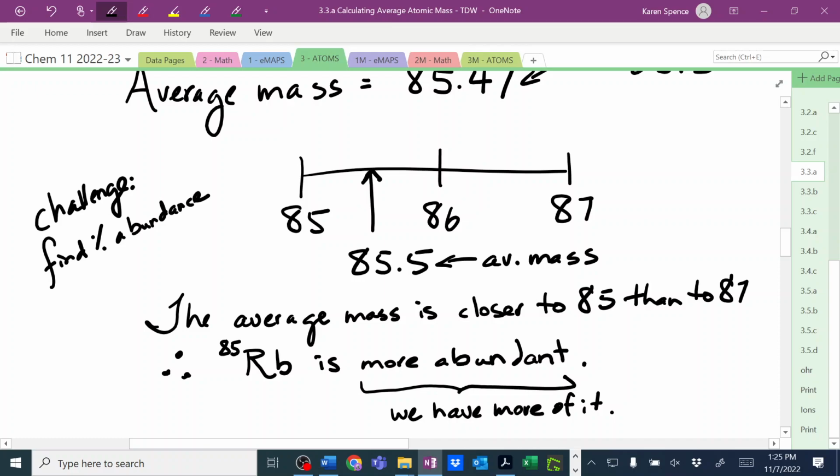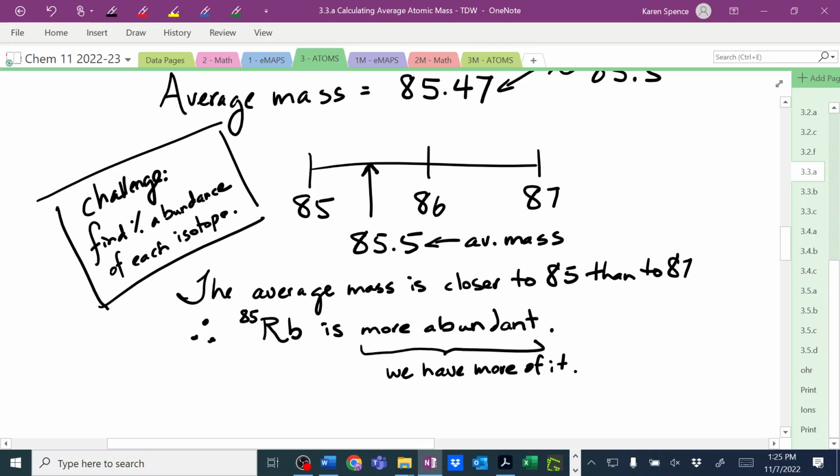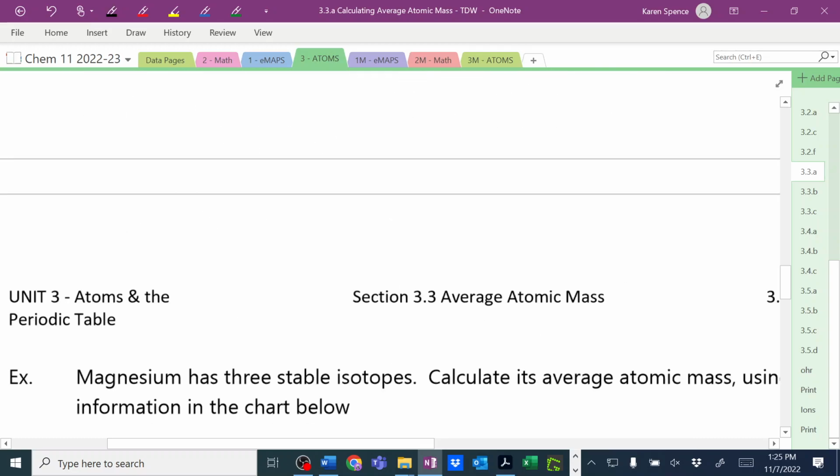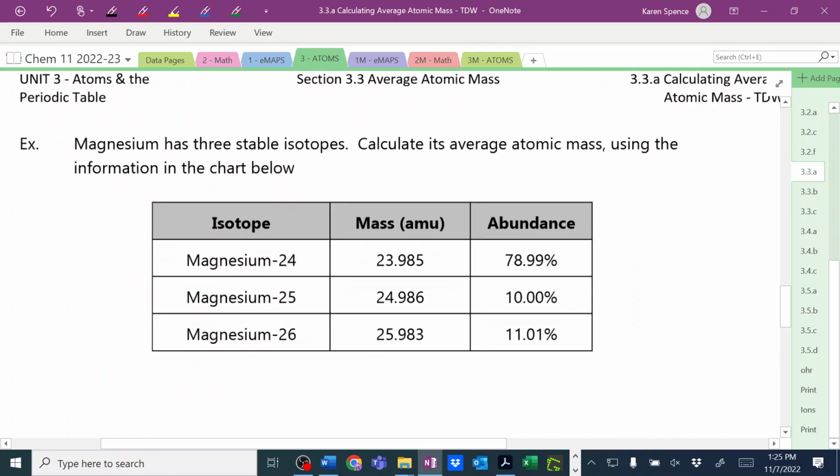Oh, okay. All righty. Here, we'll do an actual one where we're calculating the average mass again.